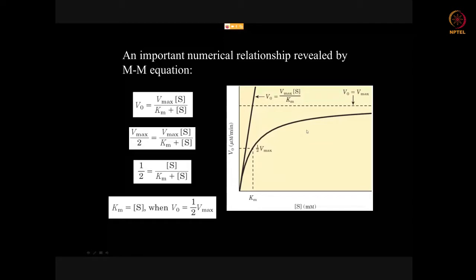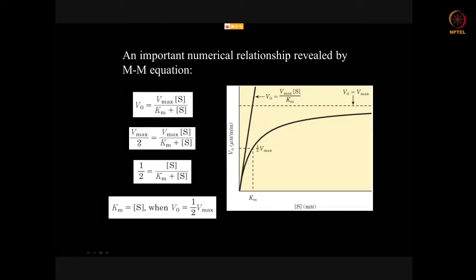So having done that, now we look at another important relationship that the Michaelis-Menten equation reveals, and that is the value of Km itself. So now imagine the velocity is roughly about half of the Vmax that is possible.